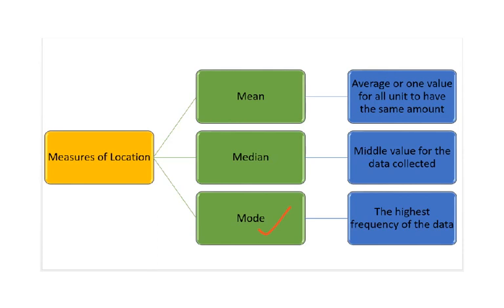Let me give you one easy example for the mean, median, and mode. Let us go with the mean first. Let's say we have three students with the amount of money that they have. We ask the first student how much money they have now, and the first student says I have 2 ringgit.